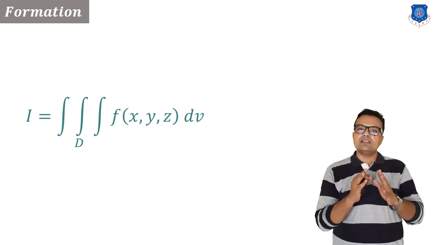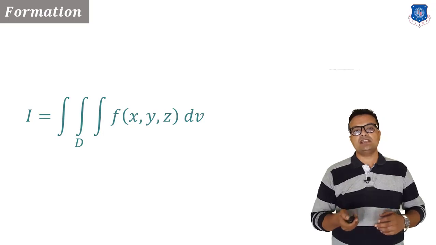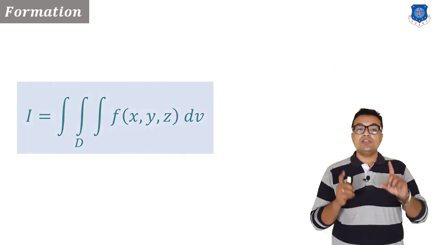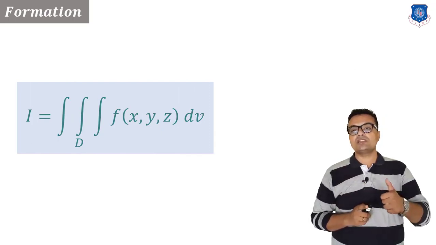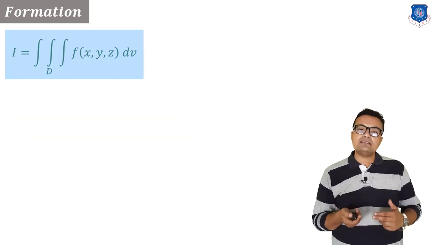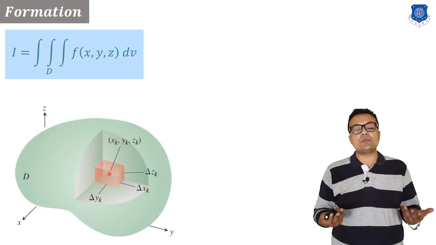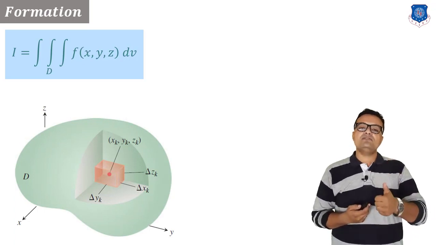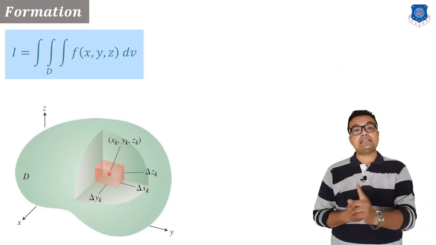Now let us consider how actually we are going to consider this three-dimensional integration. We need to consider first of all that there are two components in this integration. There is a first component D and second component dv. To understand this, let me consider first of all what do we mean by this capital D. Now if you are taking a function of one variable, your input is coming from one dimension only, that means the x-axis.